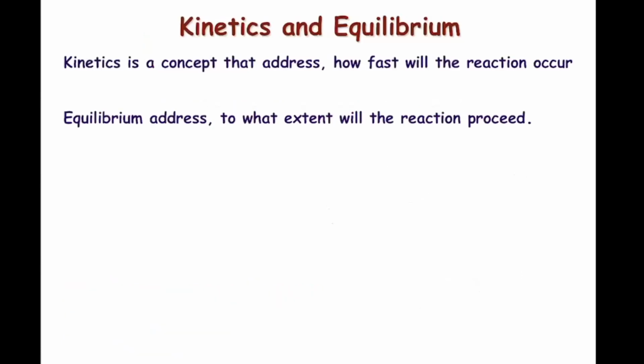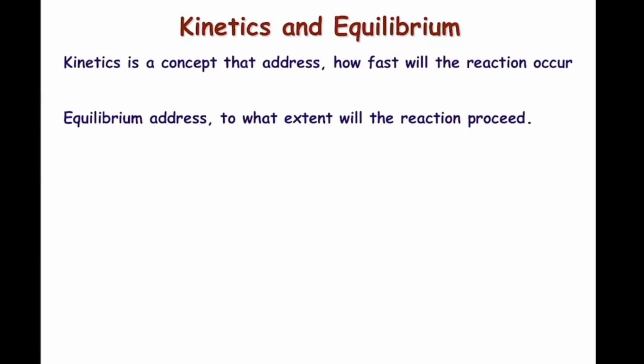So kinetics and equilibrium. Kinetics has to do with how fast you reach the end of the reaction, but the end of the reaction is actually when equilibrium is attained. Most reactions, unlike what we learned in chapter 7, don't come to an end.